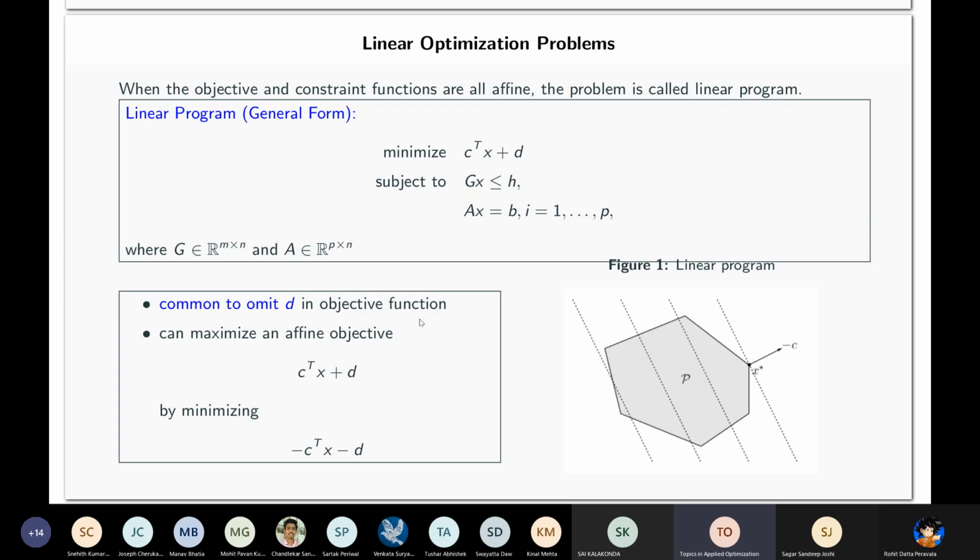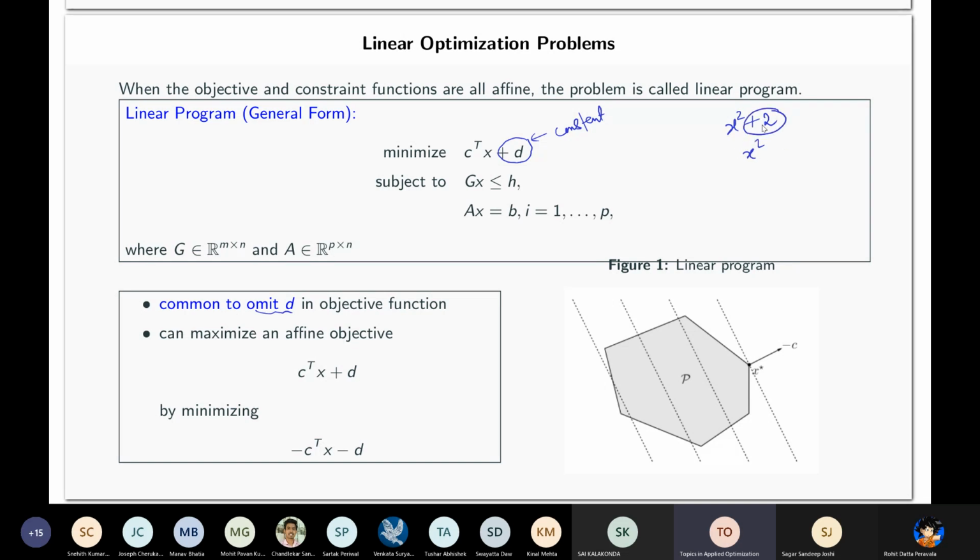It is common to omit d in the objective, because maximizing or minimizing in the presence of a constant doesn't really change the place where I will get the maxima or minima, right? So maximizing or minimizing x square plus 2 gives the same place as the maxima or minima of x square.